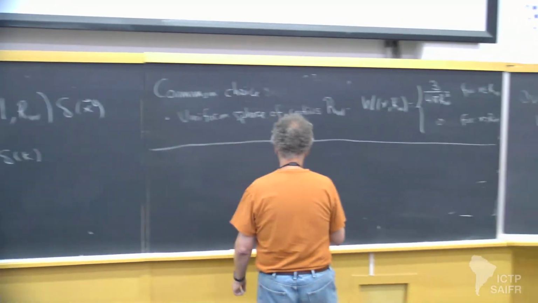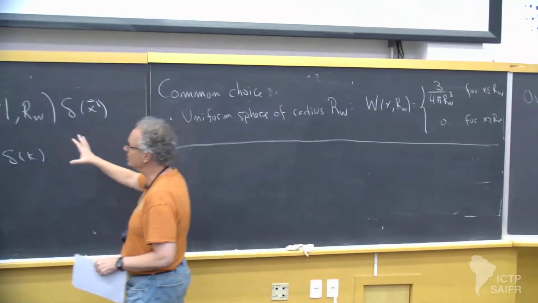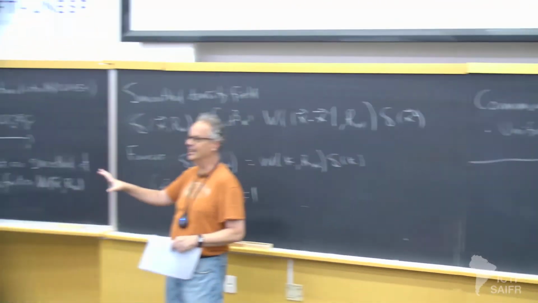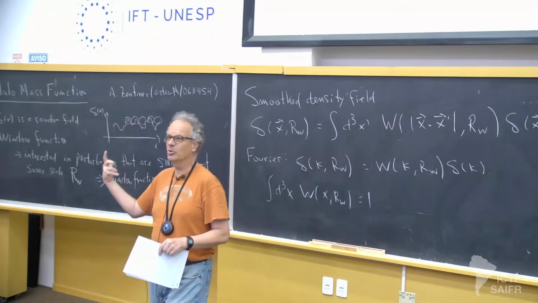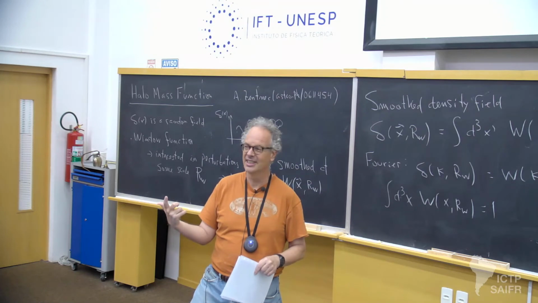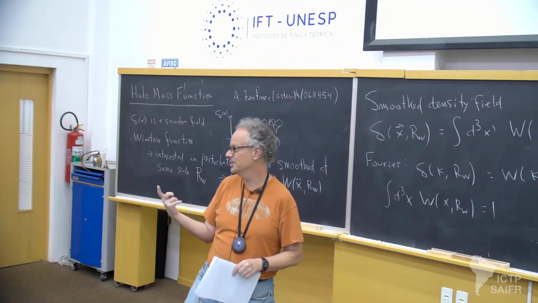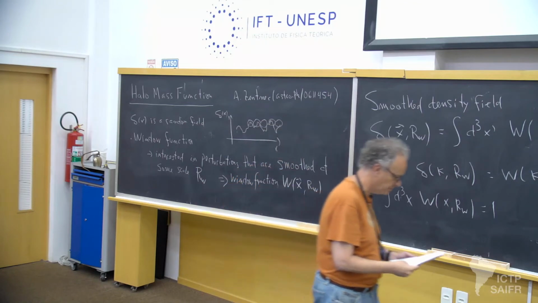Anyways, so let's talk about, so suppose we can measure this smoothed density field, and I told you this is a random variable. So what is an important number that you want to know in a random variable? You want to know the variance of this random variable, right? So let's talk about the variance of this smoothed field.